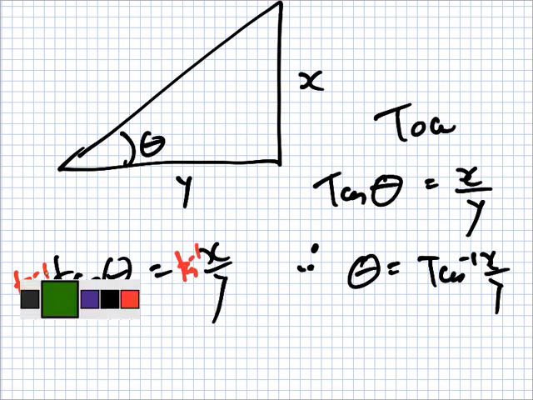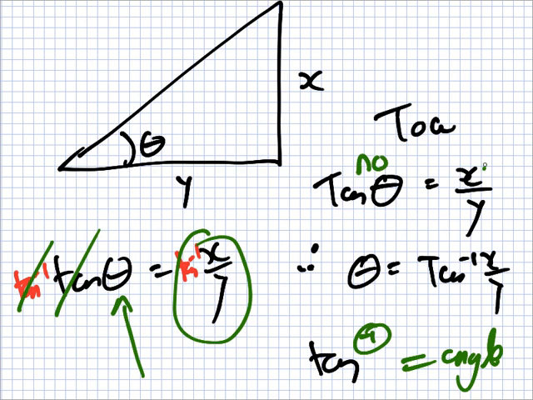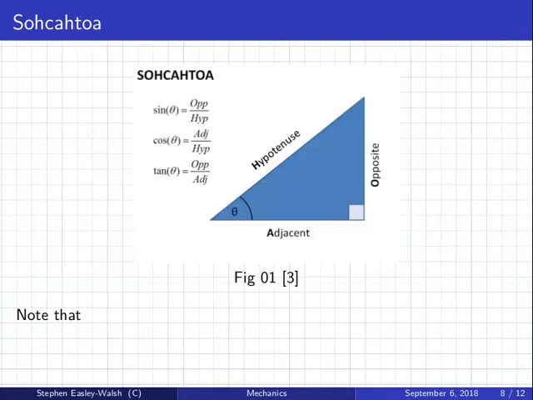The effect is that this cancels this, so you're left with theta is tan inverse x over y. So basically, if you have an inverse, the answer is an angle. But if you have no inverse, the answer is a fraction. You'll have a whole chapter in maths on this in a few weeks. Is that okay? Let's continue.